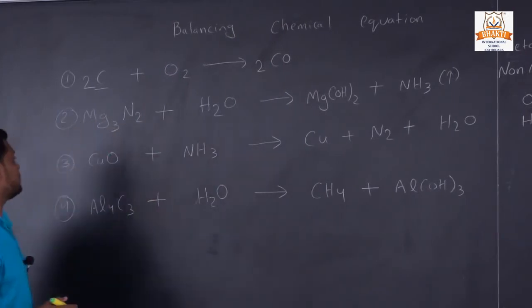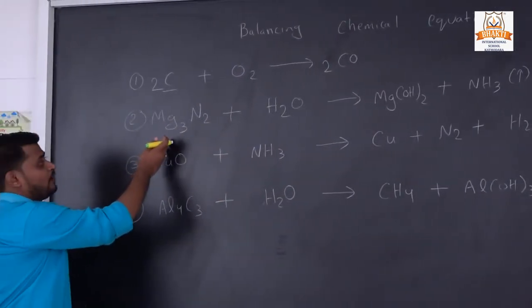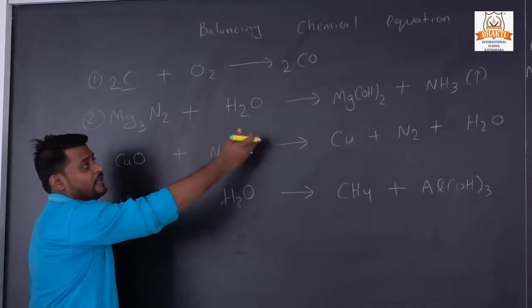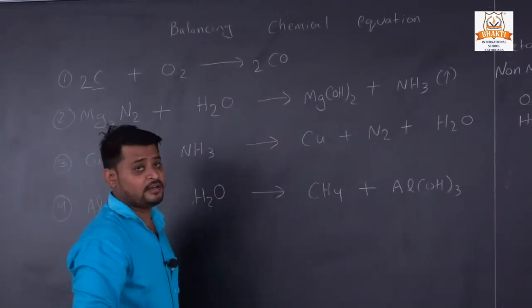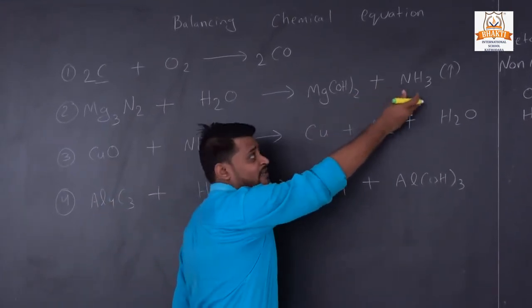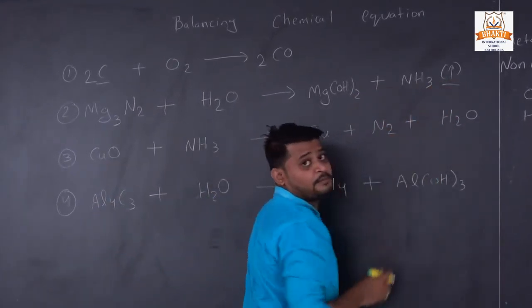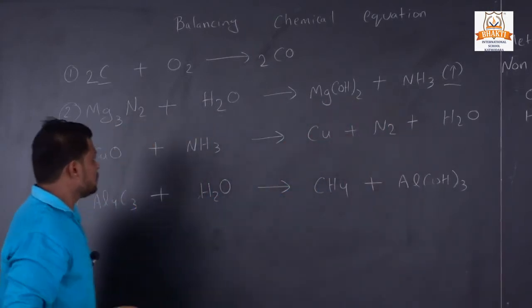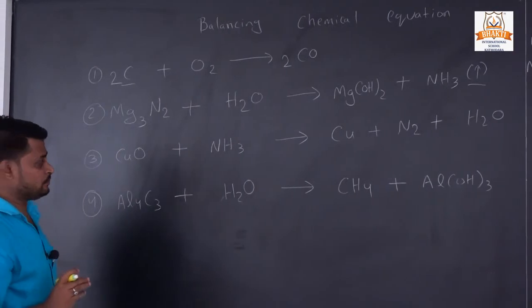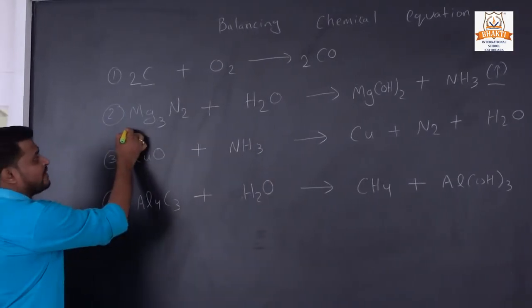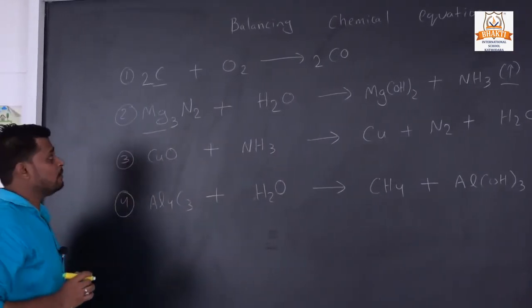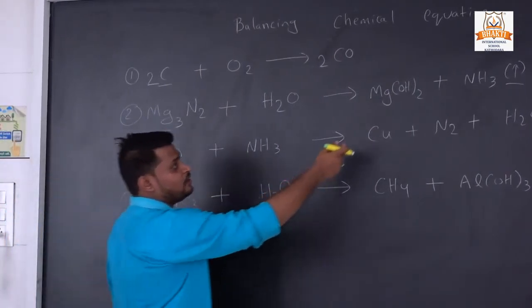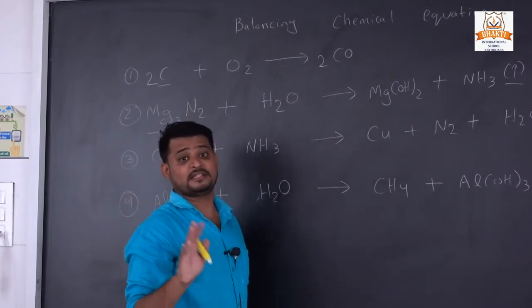Let's take the next example. Here magnesium nitrate will react with water. It gives us magnesium hydroxide and ammonia gas, that is liberated. This is the symbol of liberation, meaning ammonia gas was released. Now we will check metal first. Here the metal is magnesium, and the number of magnesium is 3 here and 1 there, so magnesium is unbalanced.